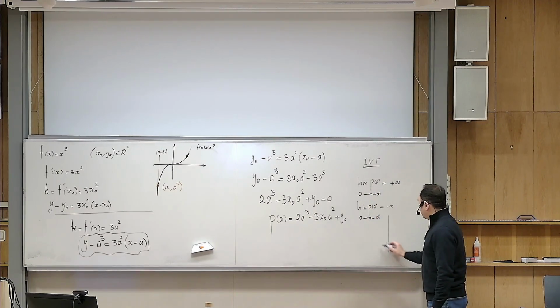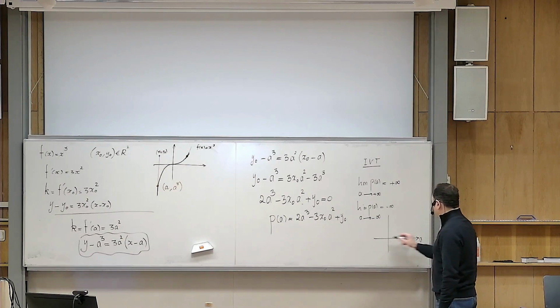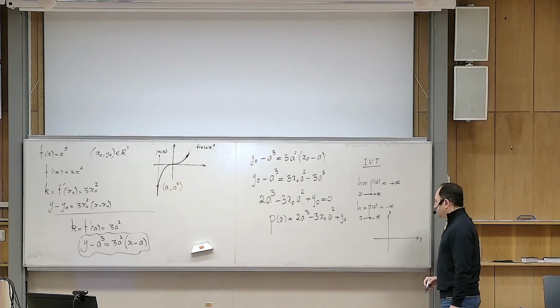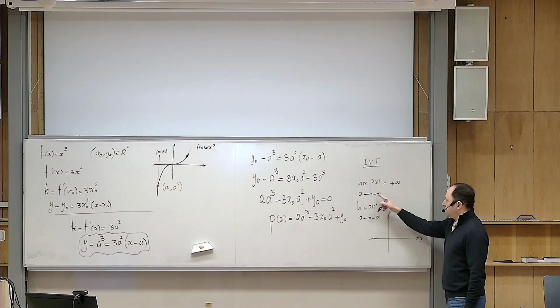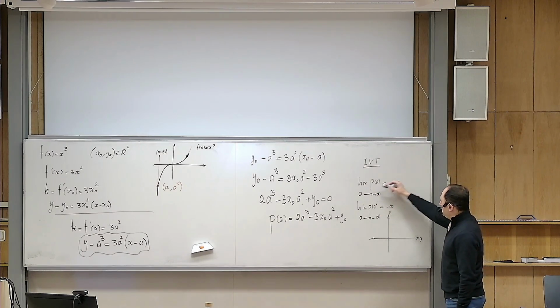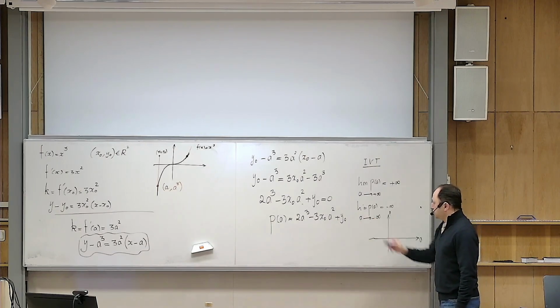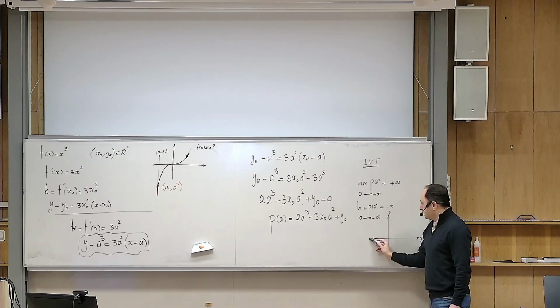So what does it mean? If I want to sketch the graph, say this is the axis for a and this is the axis for p, I know that at the rightmost, when a is positive infinity, p goes very high, somewhere here. And when a goes to negative infinity, the leftmost part, the function goes to negative infinity.